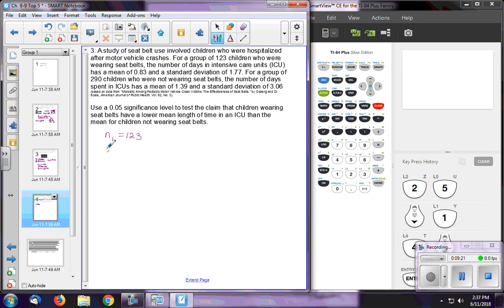We had a mean in that sample of 0.83 with a standard deviation of 1.77. For the children who were not wearing their seatbelts, we had 290 with a mean of 1.39 and a standard deviation of 3.06.